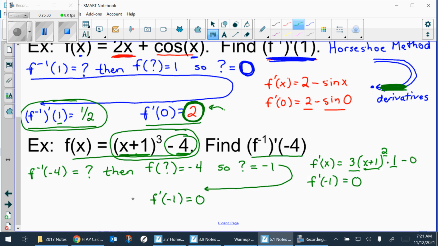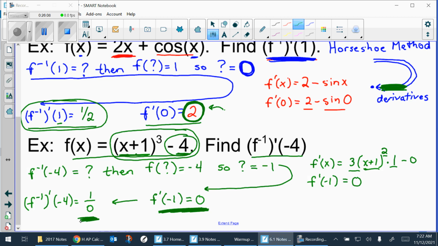So what that leads me to is, what is f inverse prime at negative 4? Well, it's the reciprocal of that. It's 1 over 0. Well, what is that? You're probably tempted to say it doesn't exist, and that's true. Would you realize that this is a horizontal line here when the derivative is 0?